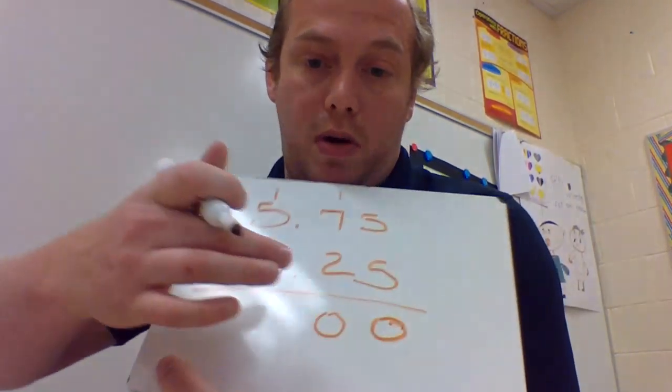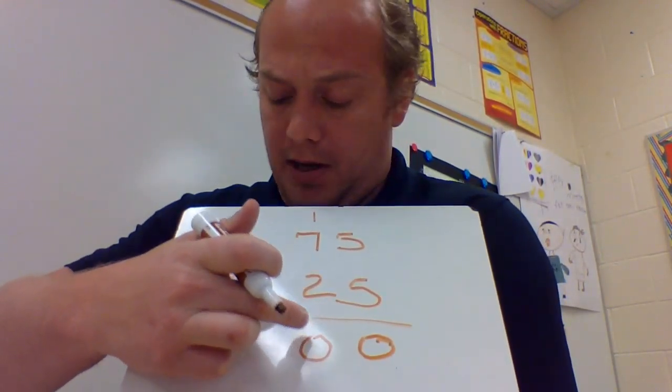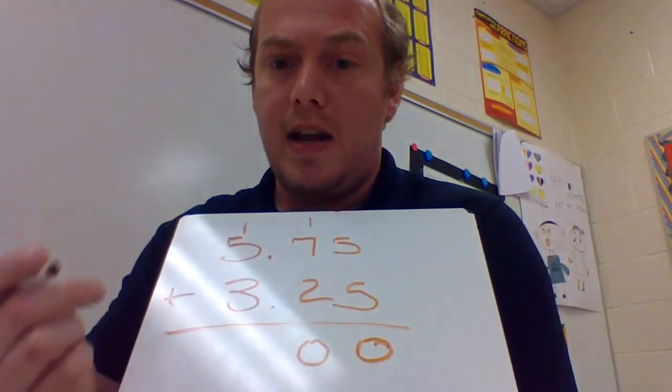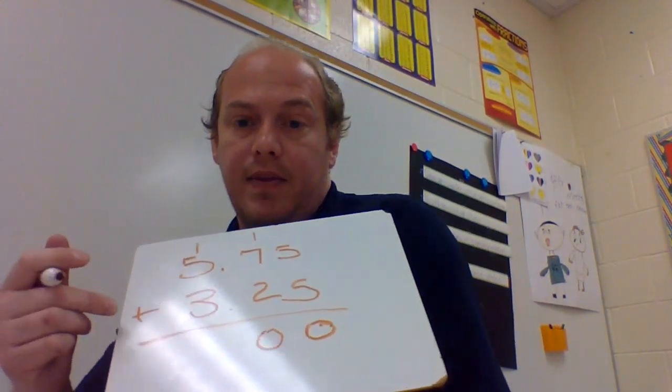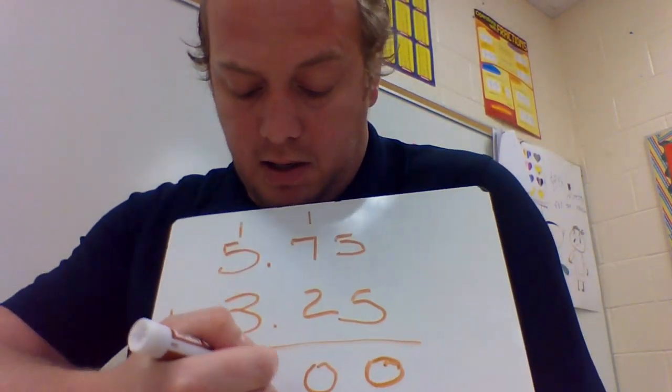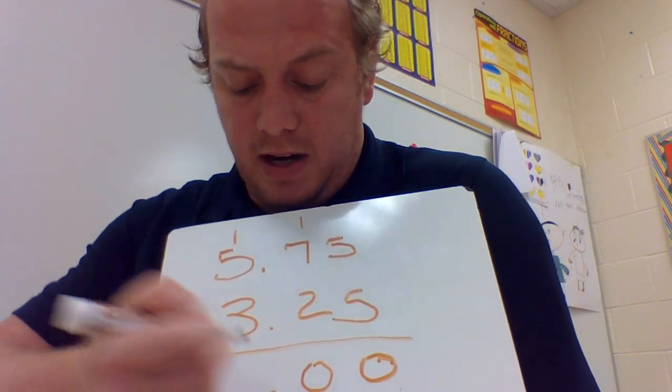Now, before we forget, see, we put down our 0 and carried our 1 over here. Now, before we forget, our decimal is going to come straight down right here. Now, 5 plus 3 is 8, plus the 1 that we carried is 9.